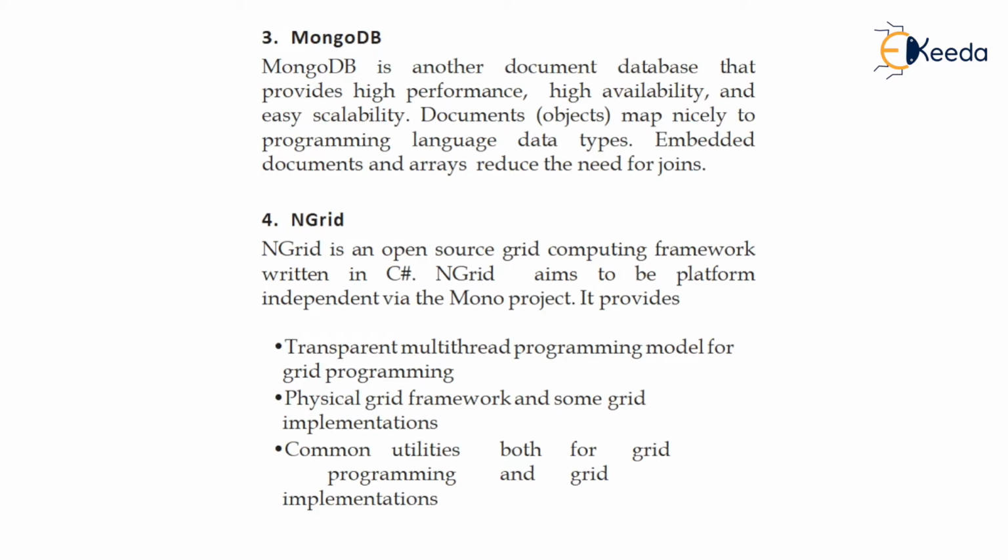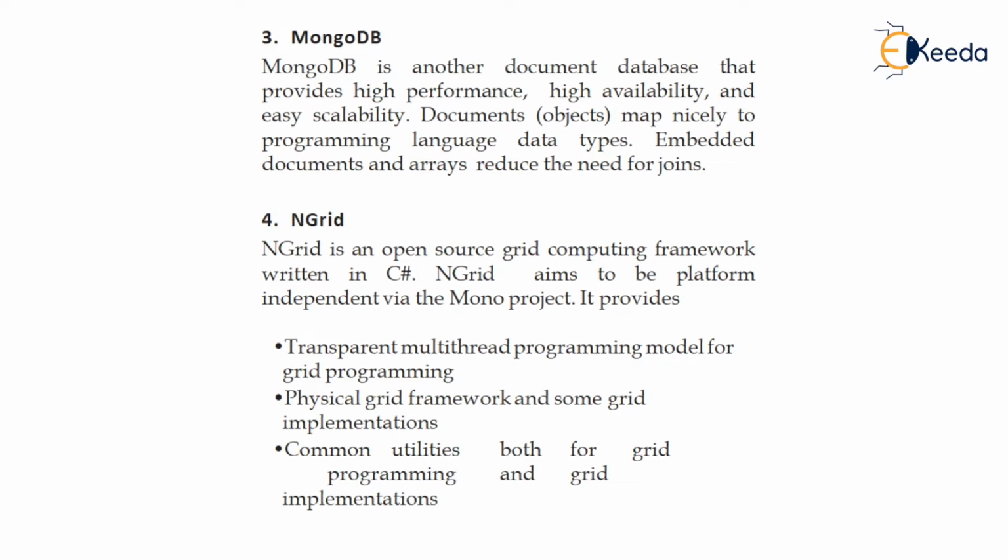MongoDB is a document database that provides high performance, high availability and easy scalability. Document objects map nicely to programming language data types. Embedded documents and arrays reduce the need for joins. Dynamic schema makes polymorphism easier in MongoDB.